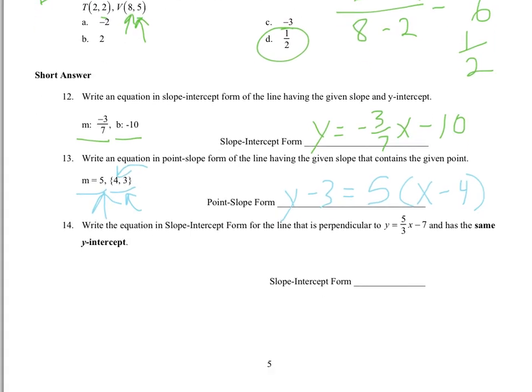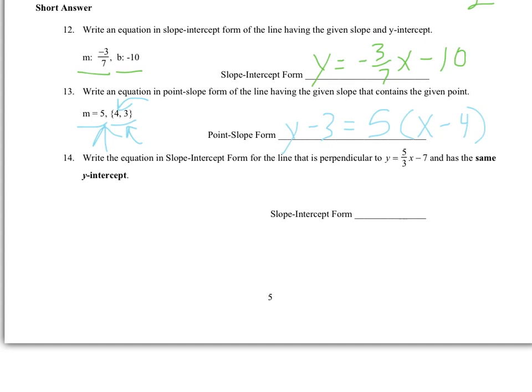Write the equation in slope-intercept form of the line that is perpendicular and has the same y-intercept. Well, remember, we just did one like this a few problems ago. If this is the slope, then for the perpendicular slope we take the opposite reciprocal. That's positive, so my new slope is negative, and I flip it: -3/5.